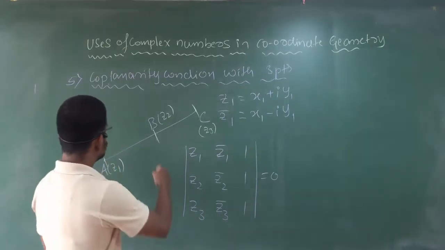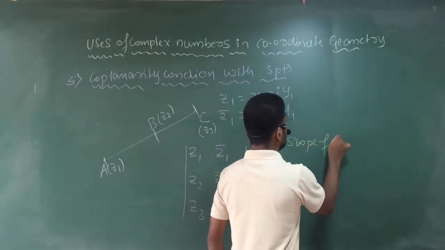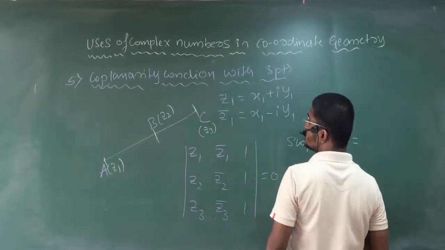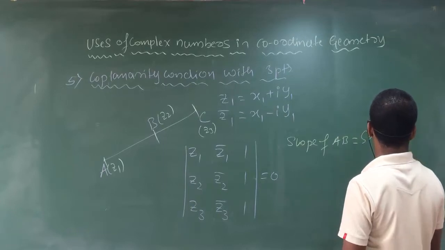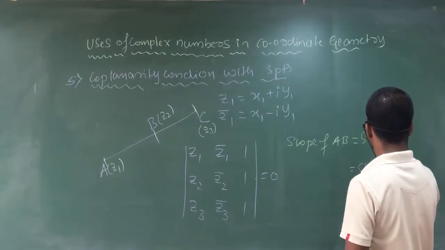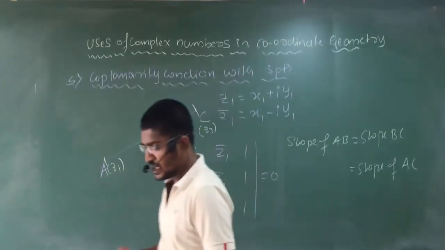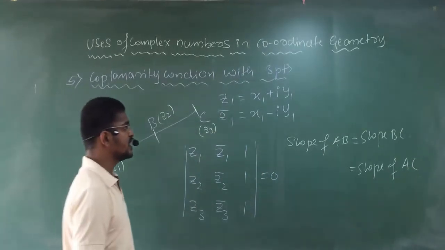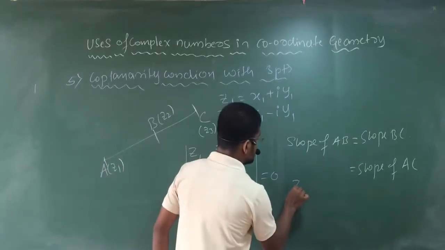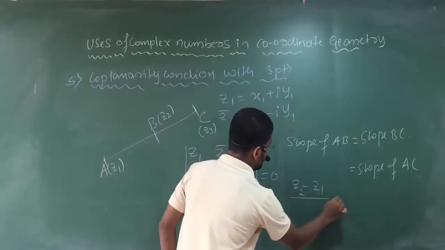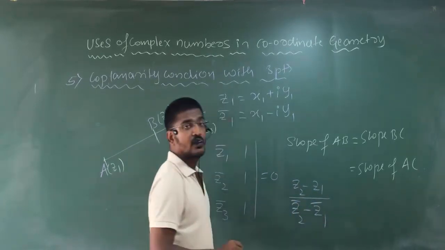So now the slope of AB must be equal to the slope of BC, and that must be equal to the slope of AC for coplanarity. Clear, students? So the slope of AB is (Z2 minus Z1) divided by (Z2 bar minus Z1 bar).